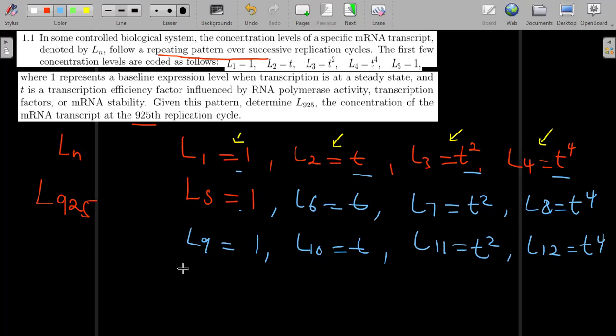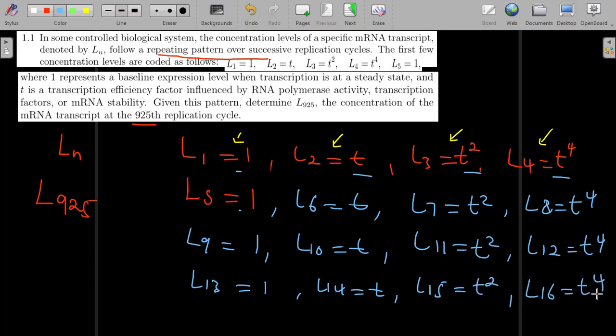So this pattern will continue. L13 will just be 1, L14 will be t, L15 will be t to the power 2, and L16 will be t to the power 4. That's how you can find the values at the replication cycles.